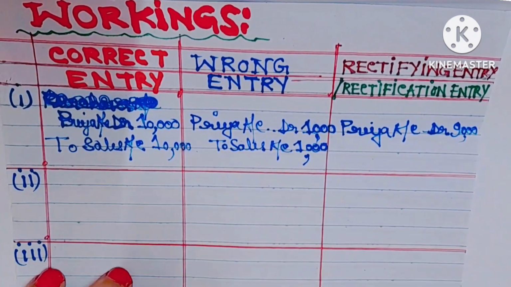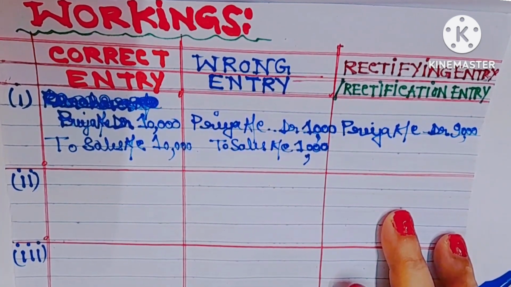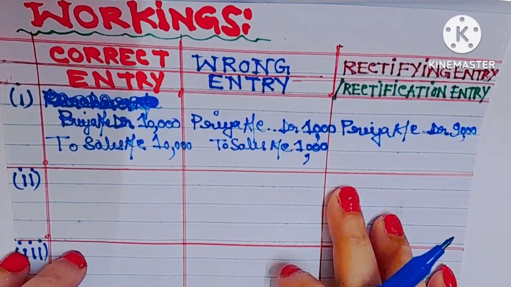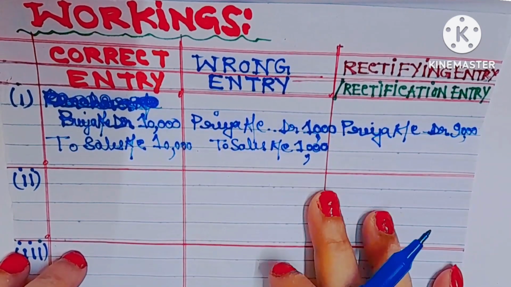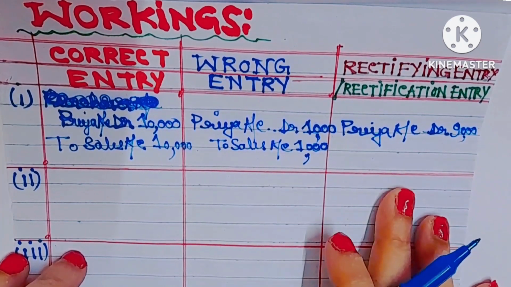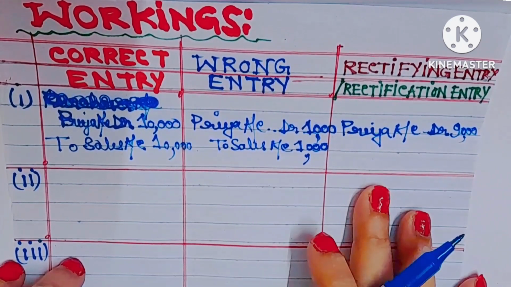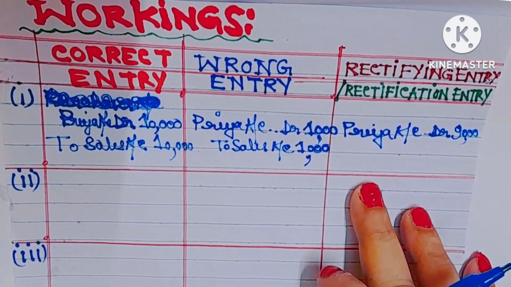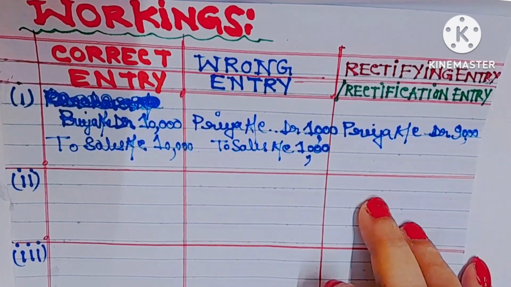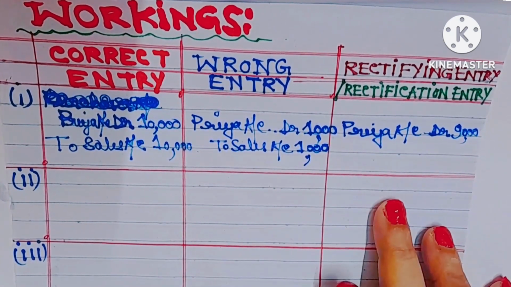Just like I did before in problem number 2. But in problem number 3, we don't have to reverse the entry because in this particular problem, the amounts are wrongly written as less amounts are recorded. Understood? Here the amounts are recorded less. Please remember, in the last problem, the amounts were recorded more. To rectify the amount, we have to reverse the entry with the differential amount.